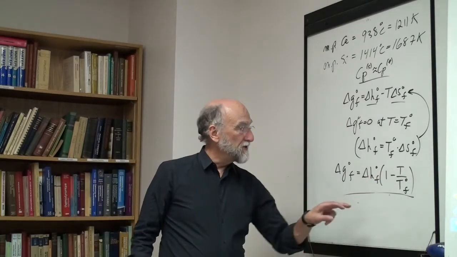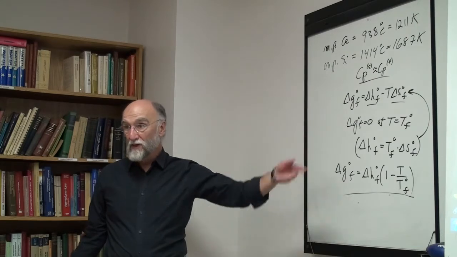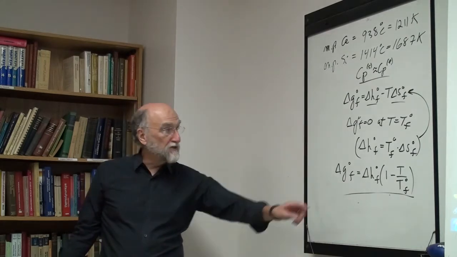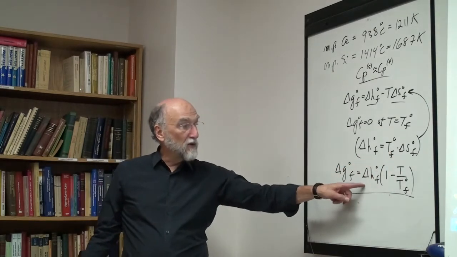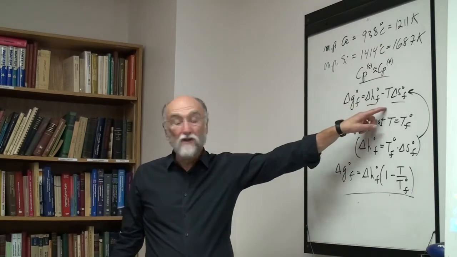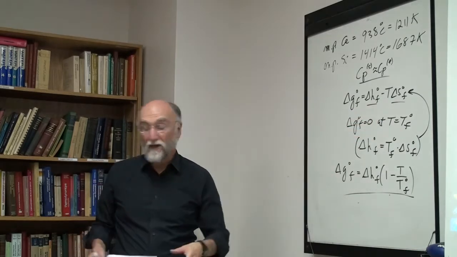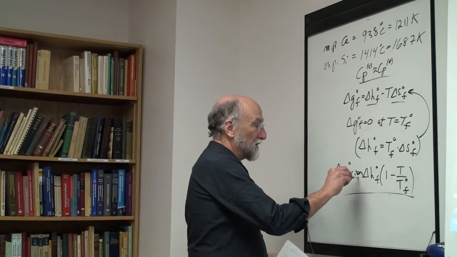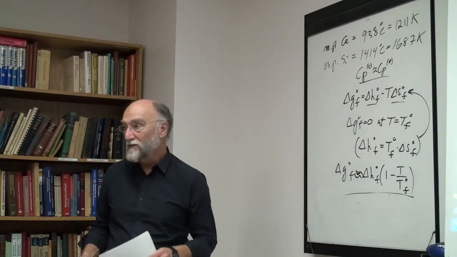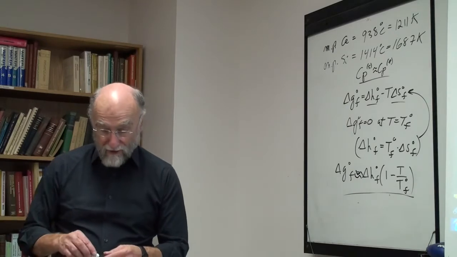When T is greater than T fusion, the Gibbs energy of fusion is negative, and the liquid is more stable than the solid; if it's positive, it's the other way around. Okay, this is just making this up. This is only true if, in fact, this equation is linear with T, which means the heat and entropy are independent of temperature. So this is an approximation, and you don't do this when you're doing a real calculation, but it's not that far off, and I don't want you to be doing a whole lot of mathematics.